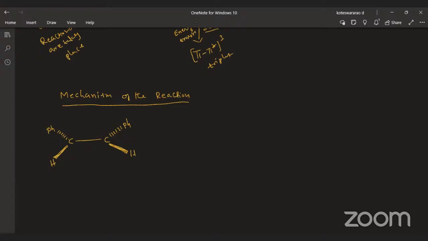That pi bond in the double bond is generated by the sidewise overlapping of the p orbitals. The pi bond is generated by the overlapping of these unhybridized p orbitals.